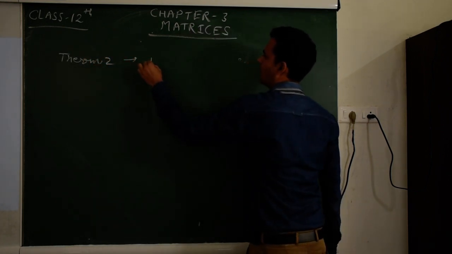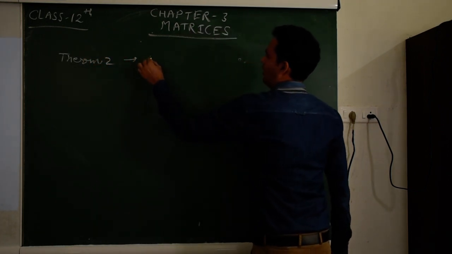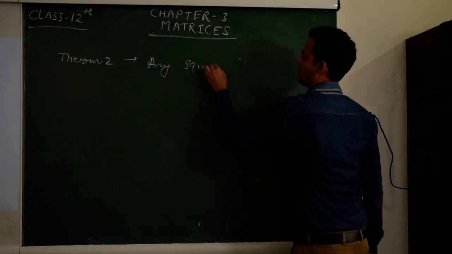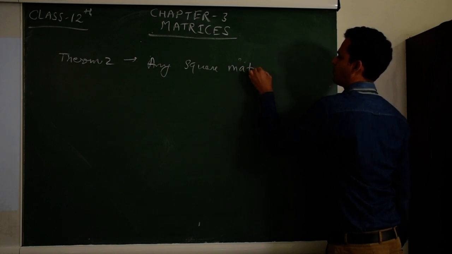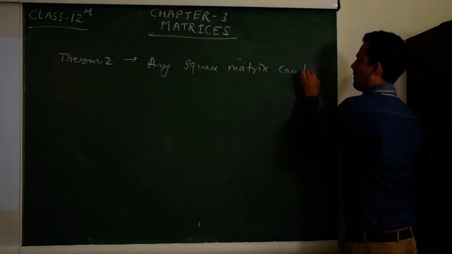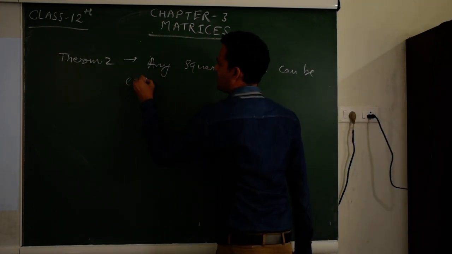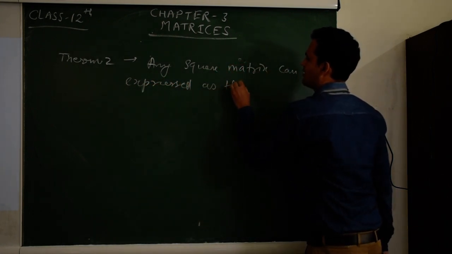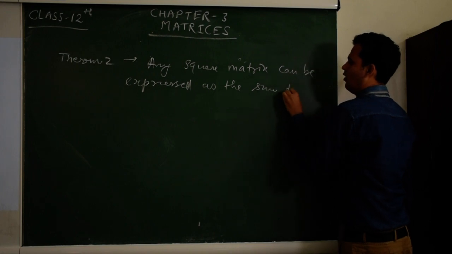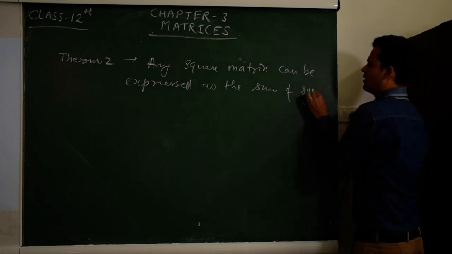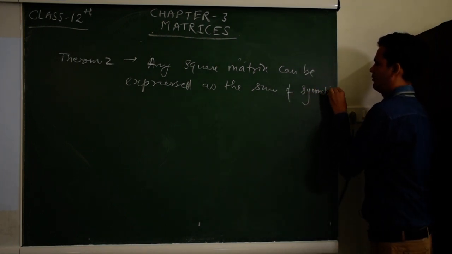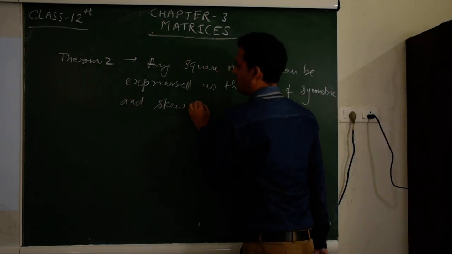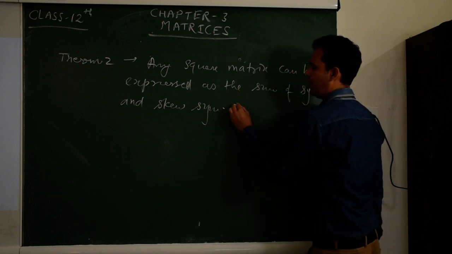Theorem 2: any square matrix can be expressed as the sum of symmetric and skew symmetric matrix.